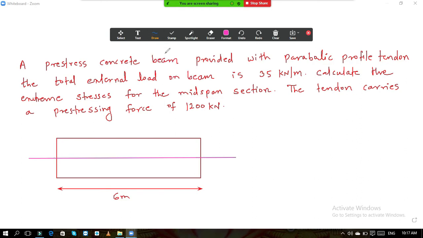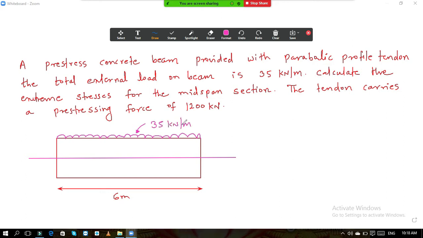Then a tendon with parabolic profile is given. The beam carries an external load, that is this UDL. It doesn't carry a point load. Normally for point load a bent tendon is provided, and for UDL a parabolic profile tendon is provided.